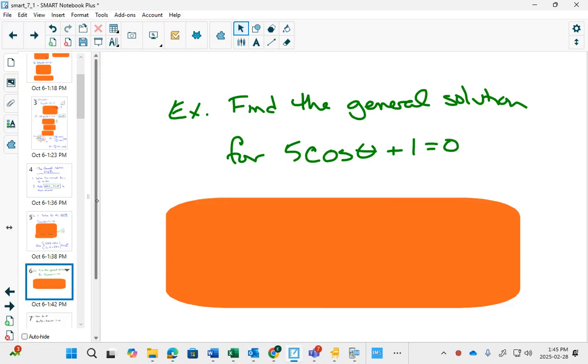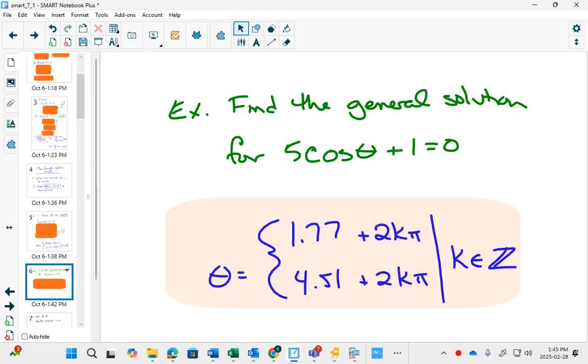All right, how did you do? Did you get 1.77 and 4.51? Very important that you do cos inverse of positive 1/5. That's what I just said. Why did I get it wrong?